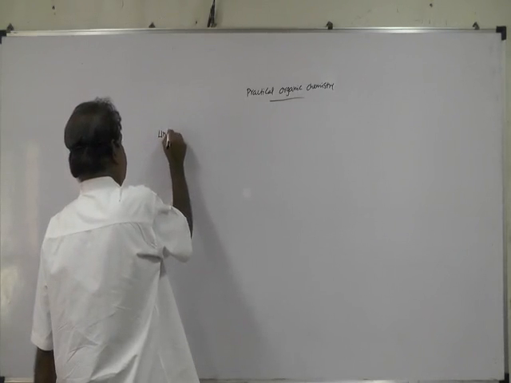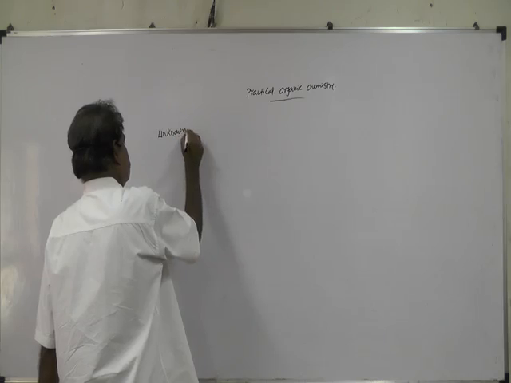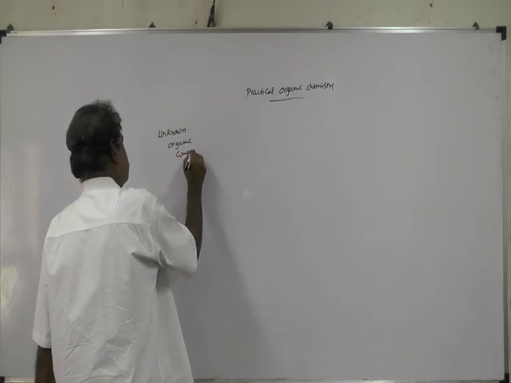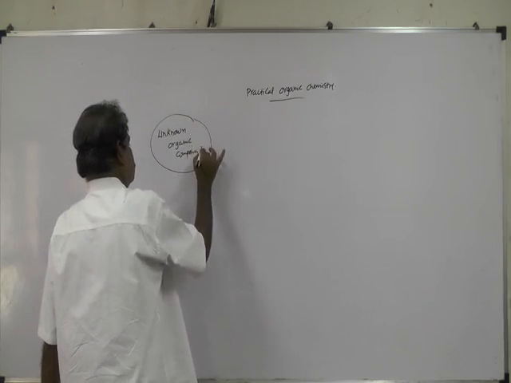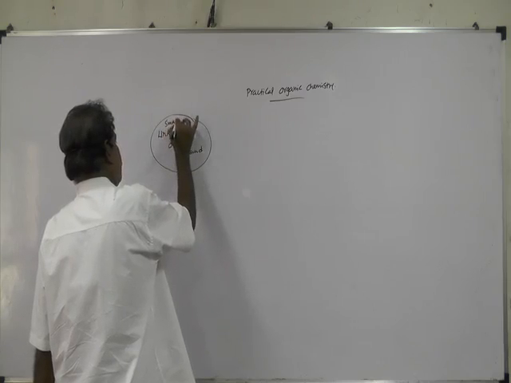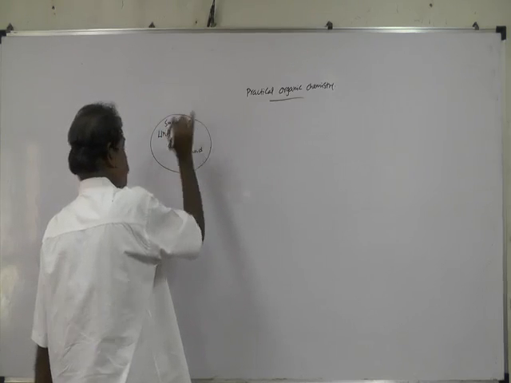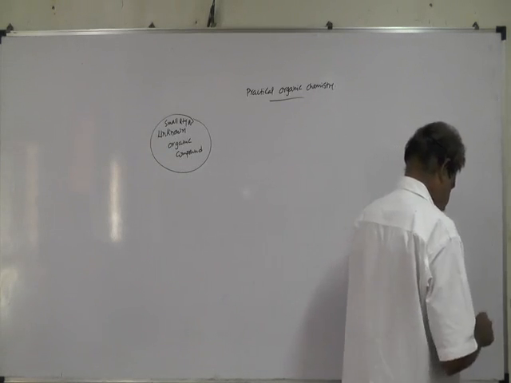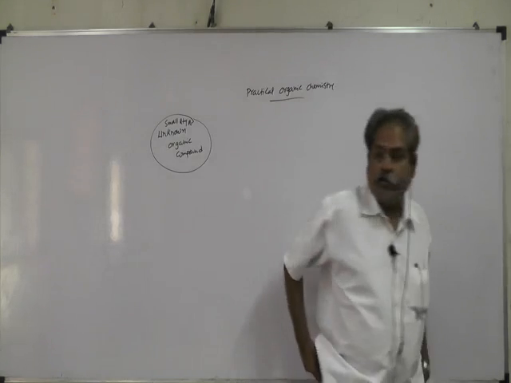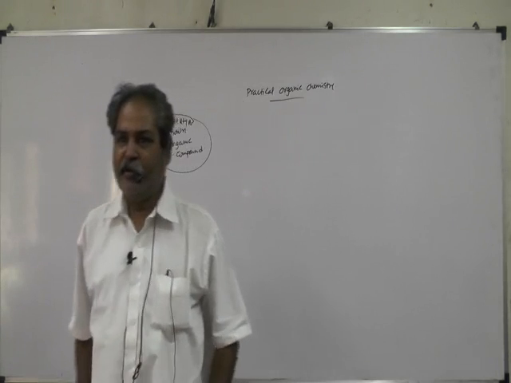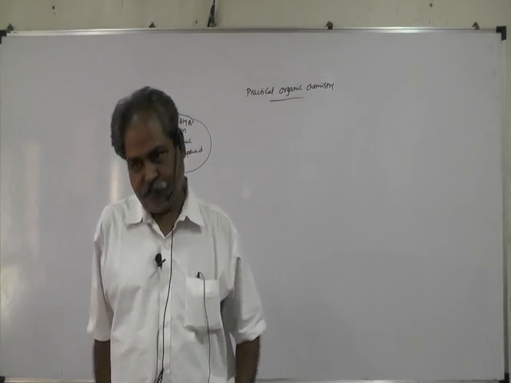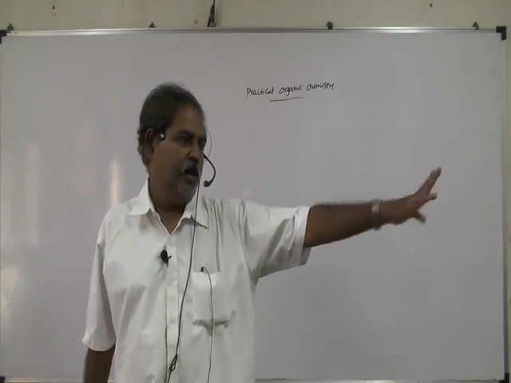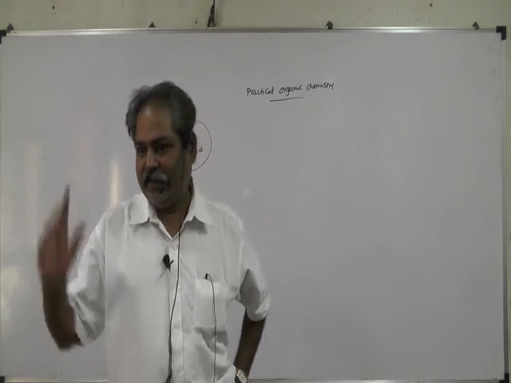Unknown organic compound, small quantity of. Now, how do we get these unknown compounds? Suppose in the Brazilian rainforest, people get treated for a particular disease using the leaves and the barks of a particular tree.